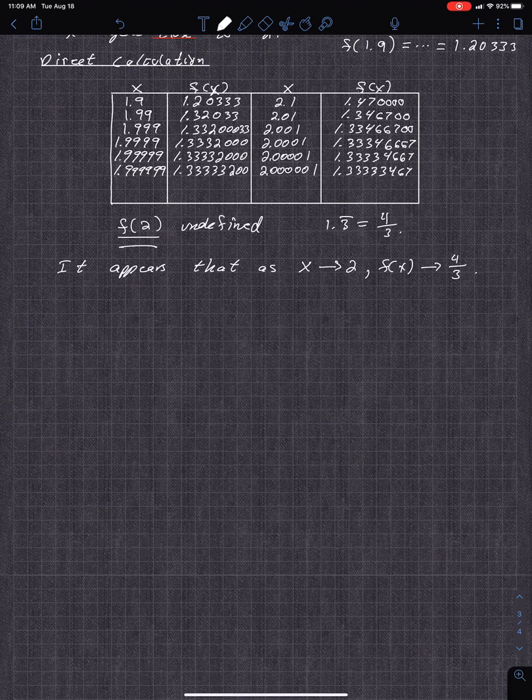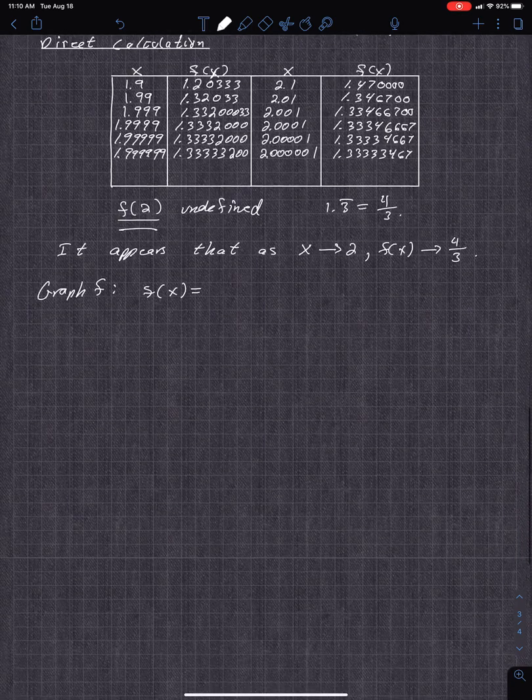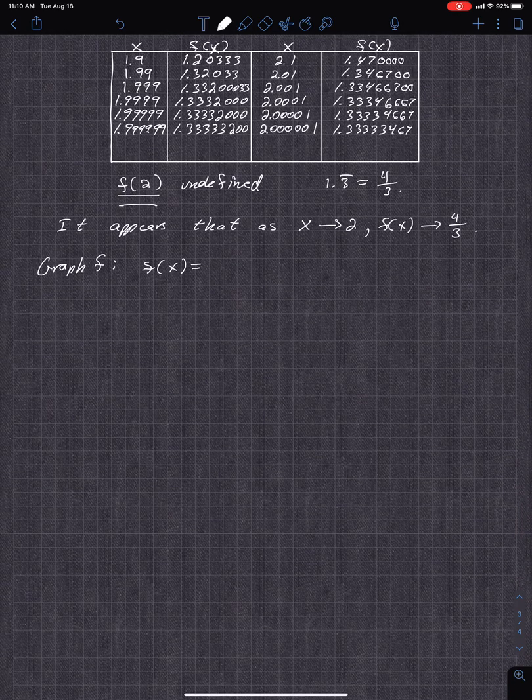Okay, so now if you were to graph, this is how you would actually graph f. So graphing f, we have f of x equal to x cubed minus 2x squared all over 3x minus 6, and then we factor.